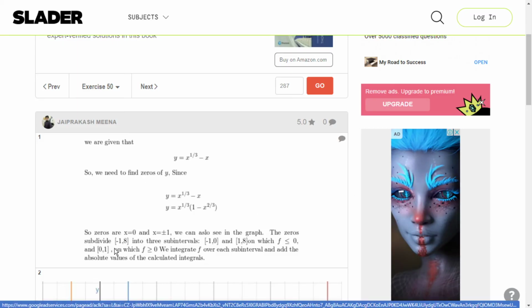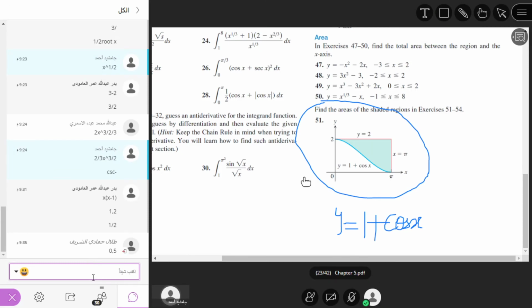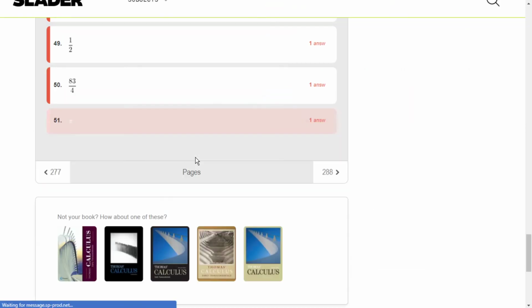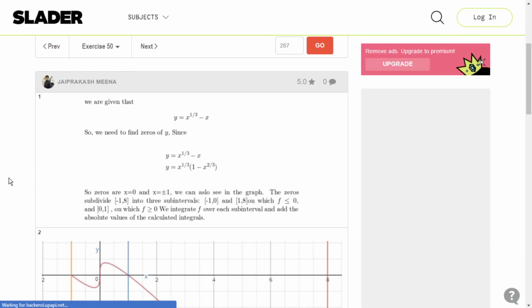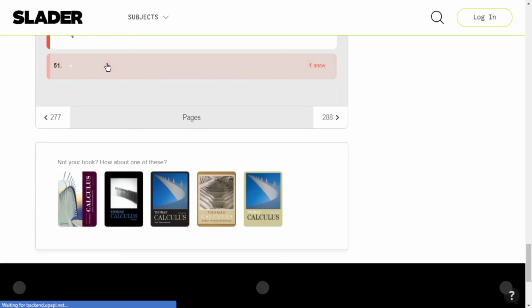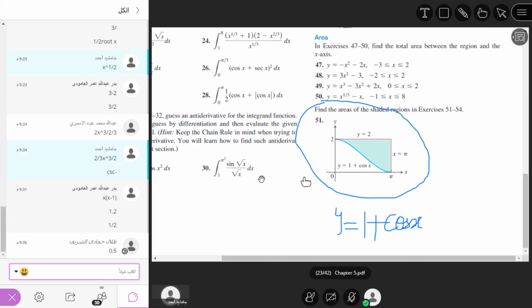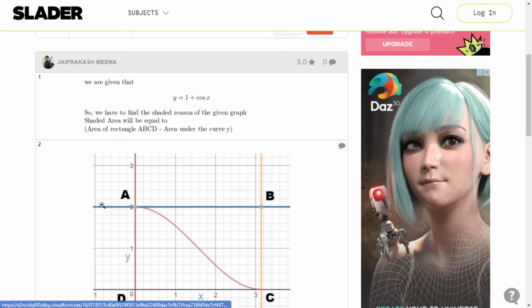What is the interval? From 0 to pi. Find the area of this.